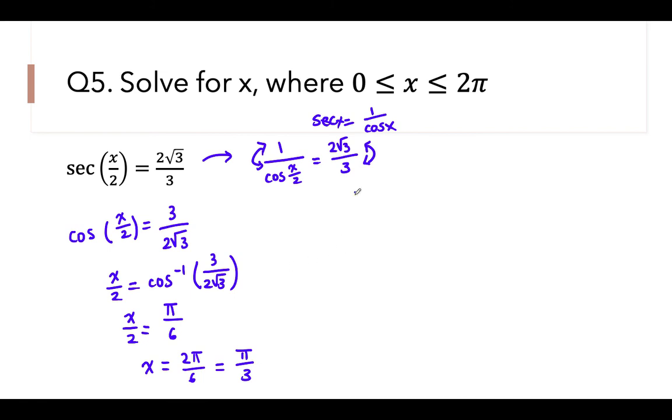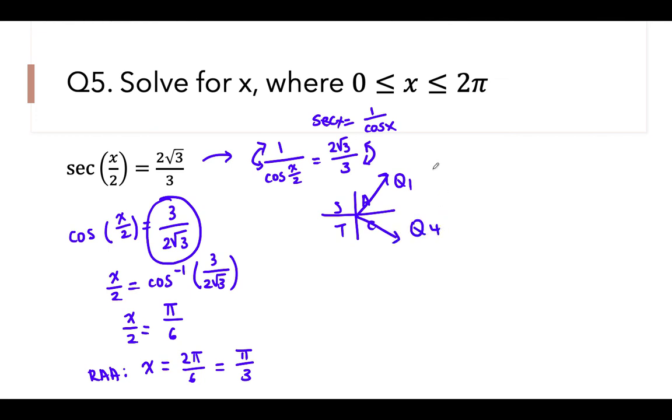Now, after we found my related acute, let's figure out the CAST rule. In which quadrant is my cosine going to give me a positive ratio? It's going to be in quadrant 1, and cosine is also positive in quadrant 4. In quadrant 1, we already know my related acute is pi over 3.